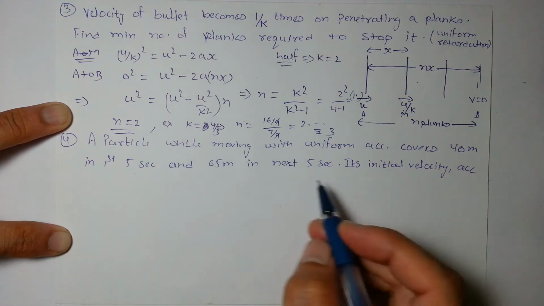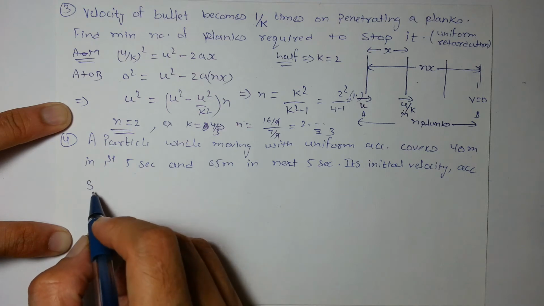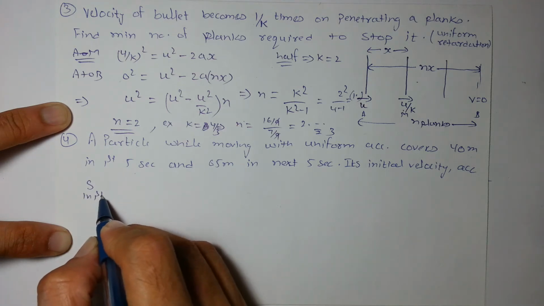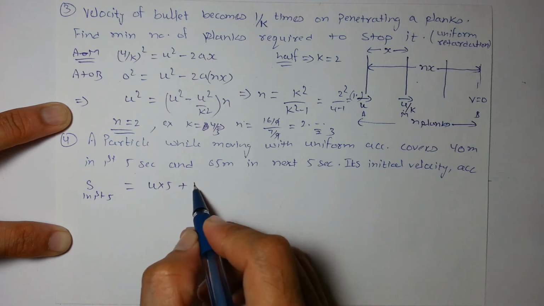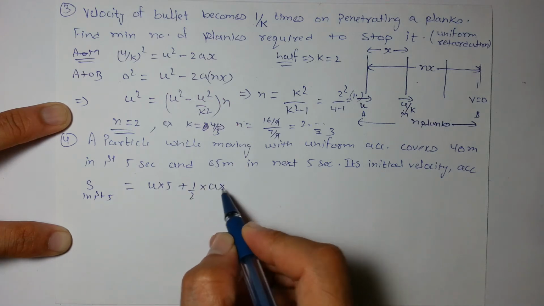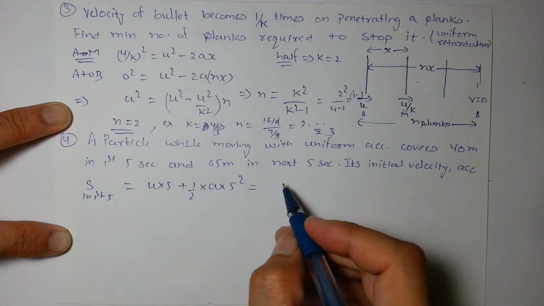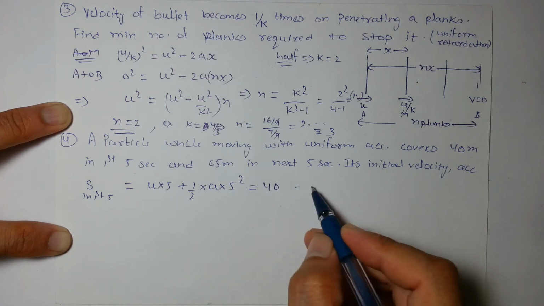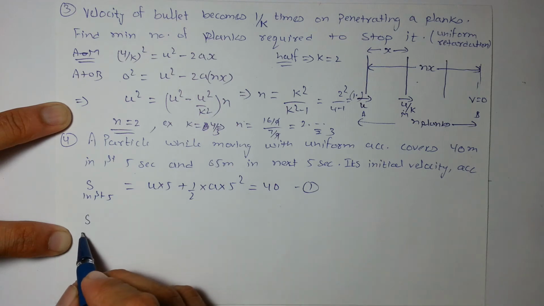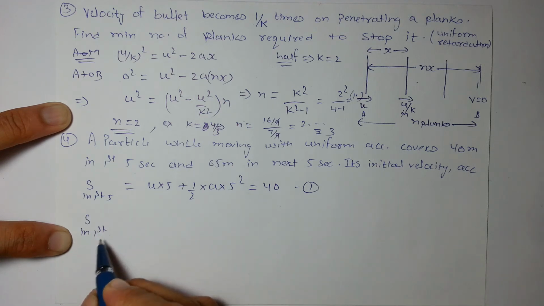So displacement in first 5 seconds. Displacement in first 5 seconds is u into 5 plus half into a into 5 square, that is 40 meters. So this is the first equation. Displacement in first 10 seconds.